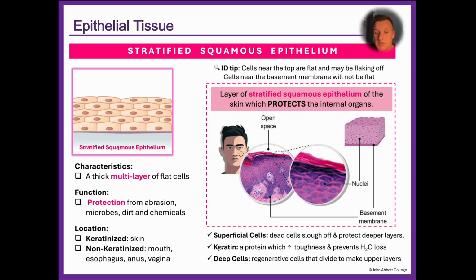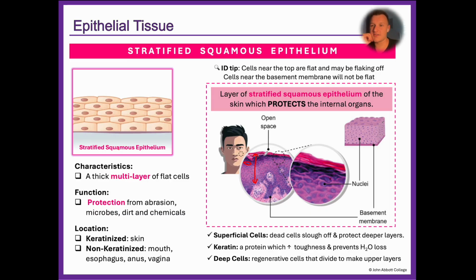One thing to note, though, is that sometimes the superficial cells are dead, and so they slough off, right? This is all of our protection. All protection. And the ones that are at the top are these dead cells that are actually going off.